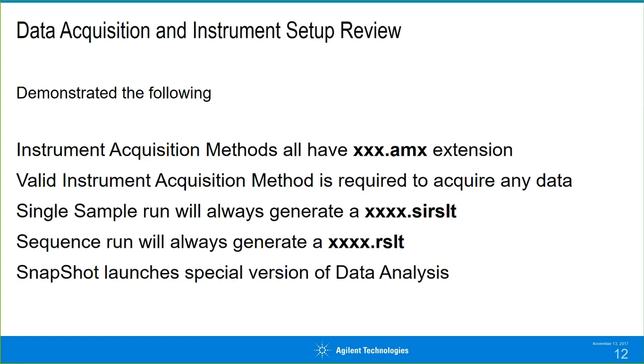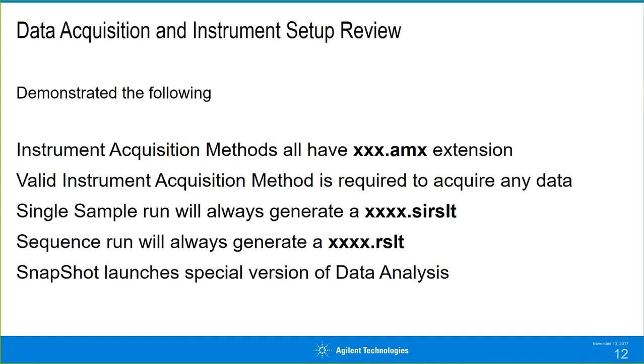So when we ran the sequence, we created .rslt file. All right, and then we also took a snapshot of the LC run in order to see what is going on in the data analysis, and that it's in the review window of the snapshot. So you can see what's going on up until the point of you actually taking the snapshot of that run.